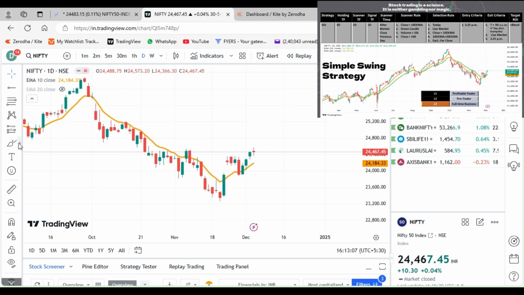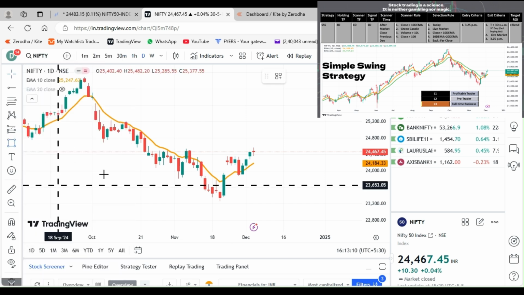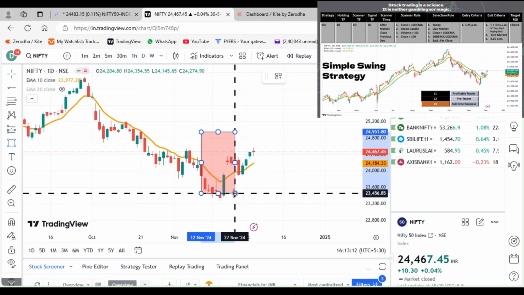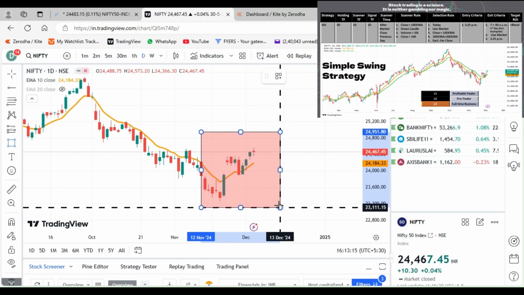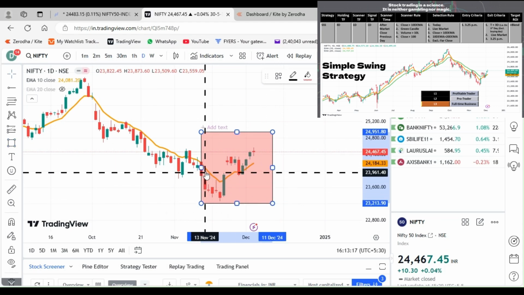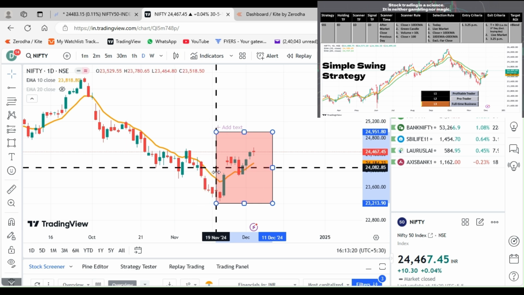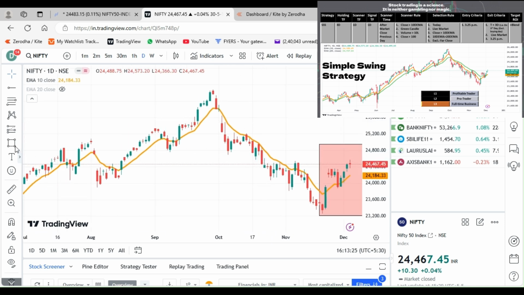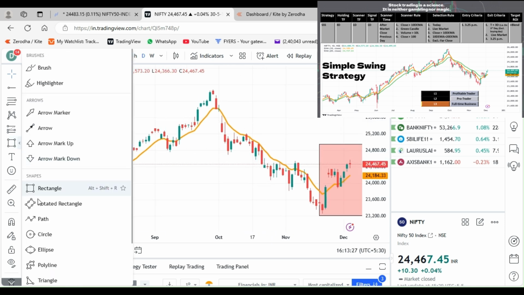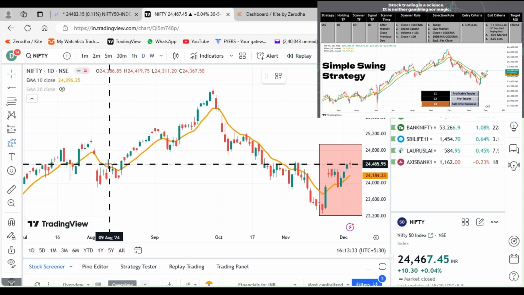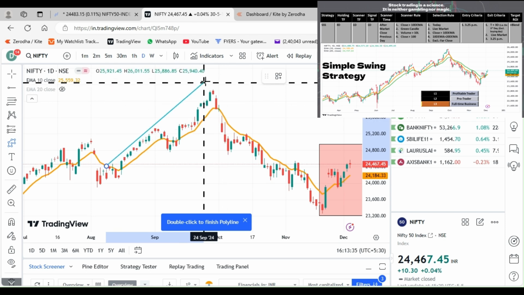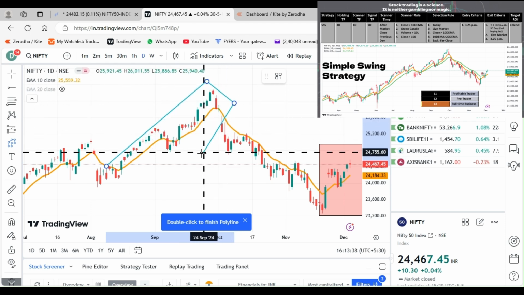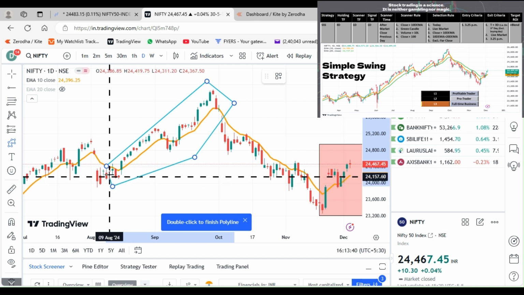Now let us mark which are the days the closing price of that particular stock is greater than 10 DEMA. So if I can mark, this one is number 1, and going back again, these days are number 2. And then again this is number 3.